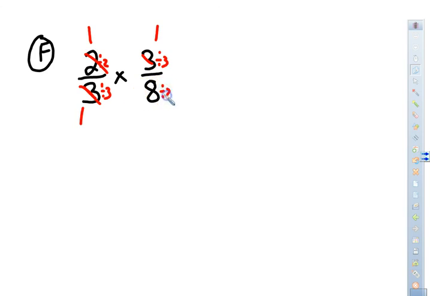And this divided by 2 gives me 4. So now you use your new numbers, 1 times 1, which equals 1. And 1 times 4 is 4. Still take a look at this number, because sometimes it still will need to be reduced. So please double check. You always want to make sure that final answer is in simplest form, and indeed this is.